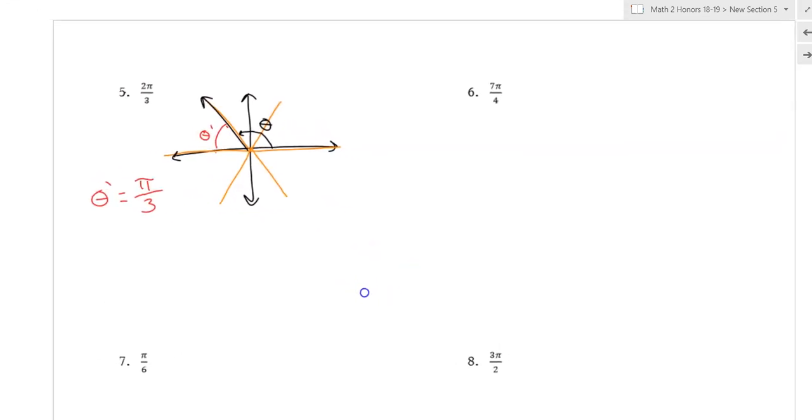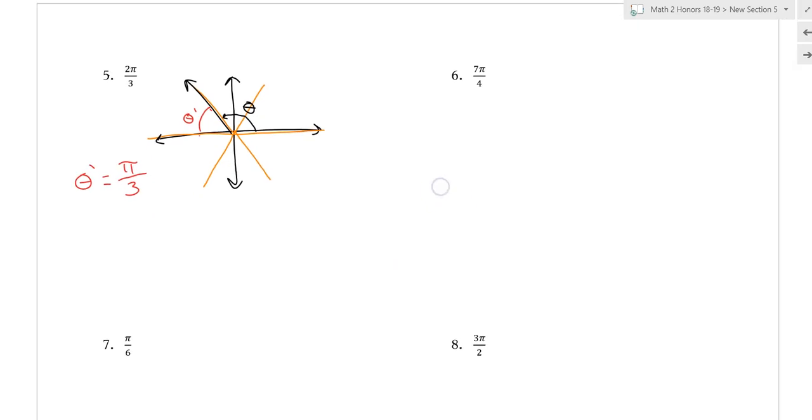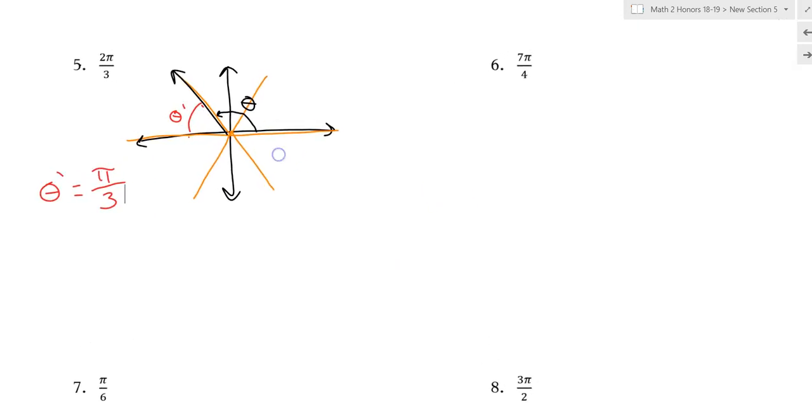So then we have to find the sine and cosine of our reference angle. So the sine of pi over 3, if you use your unit circle, is square root 3 over 2. And the cosine of pi over 3 is 1/2.